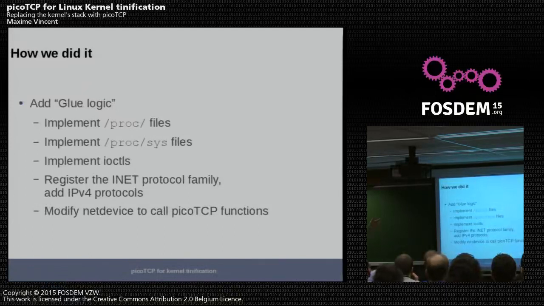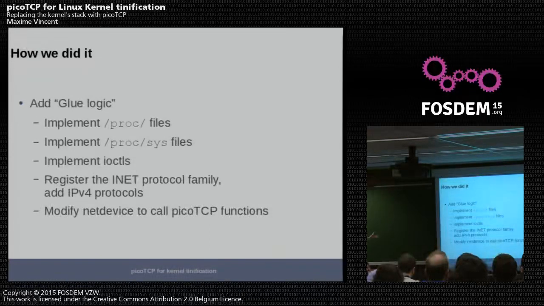So you need a bunch of IOCTLs, which we also added to this glue logic, and these IOCTLs are then going to be translated to the native PicoTCP API, so that it understands what the kernel was trying to do or what any tool from user space was trying to do. Then we need to register the inet protocol family, and especially these IPv4 protocols again, because we just removed them by commenting out inet.